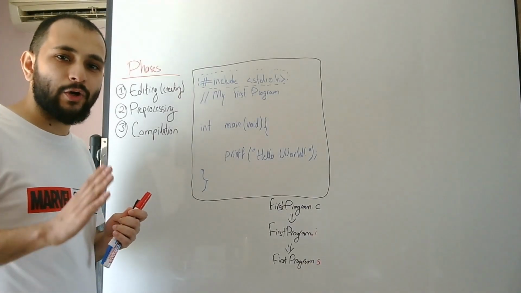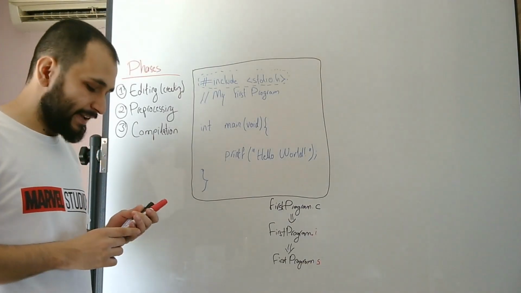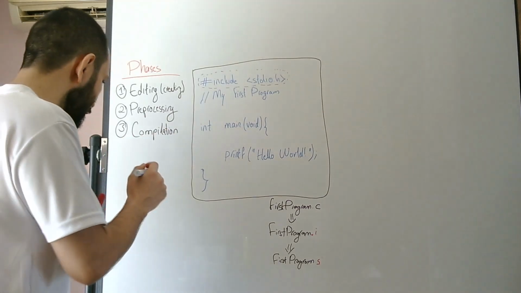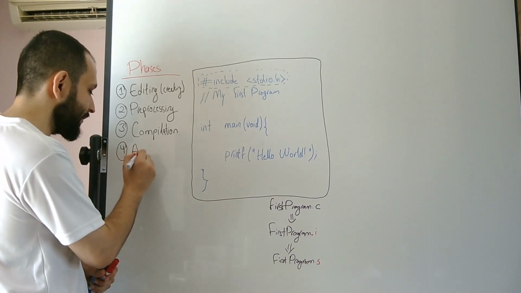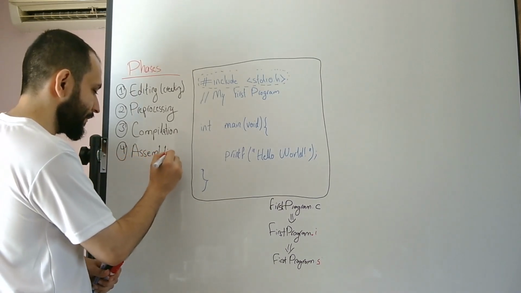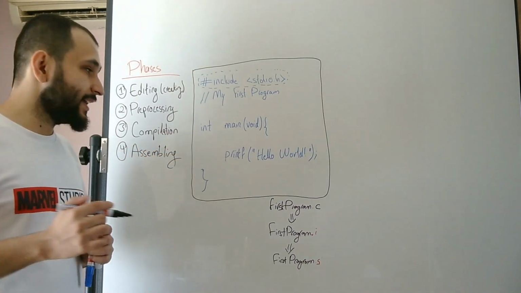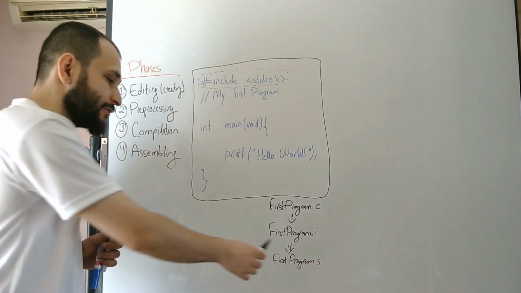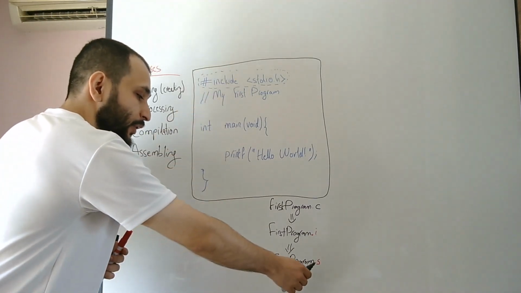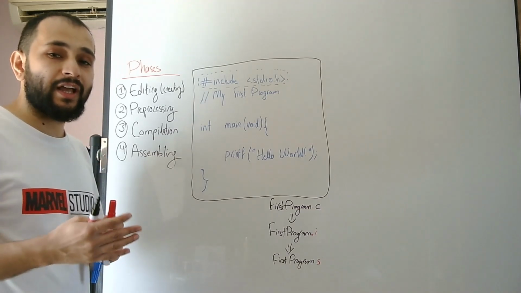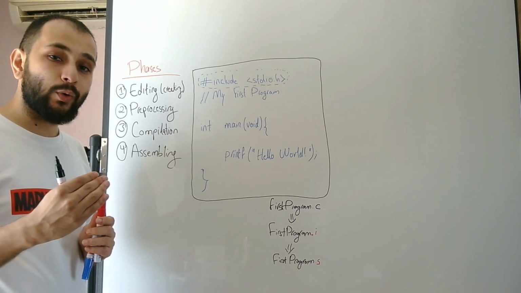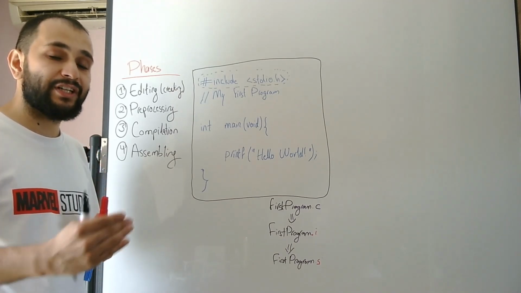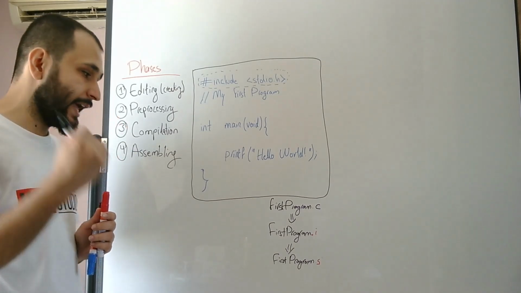So the next phase is going to be the assembling phase. Let me write it down for you. The fourth phase here is the assembling phase. In the assembling phase, the code that we have from the program.s file, which was initially in assembly level language, is converted into machine level language.